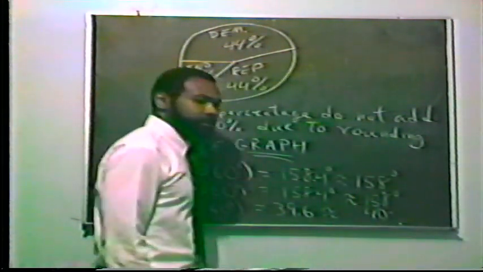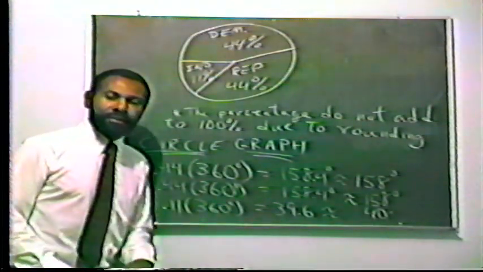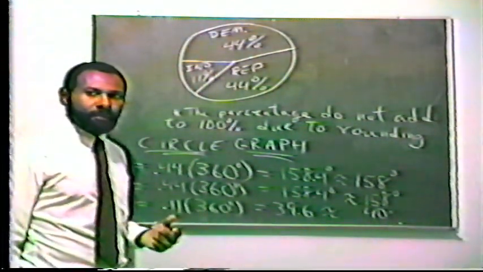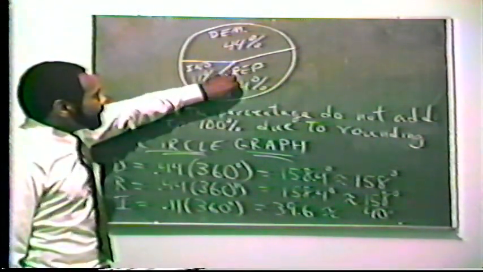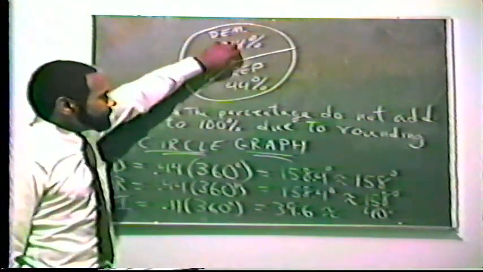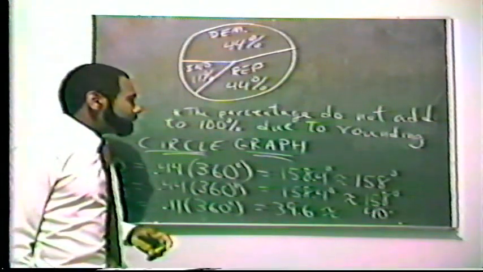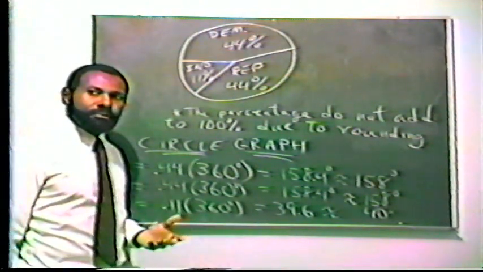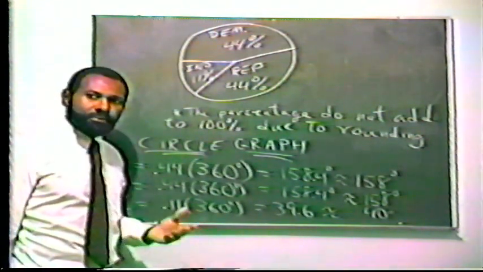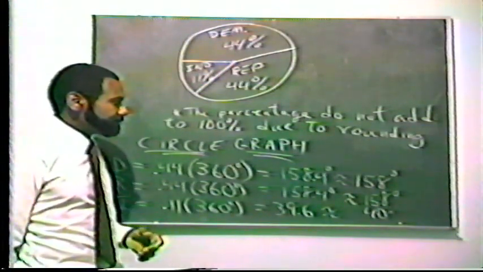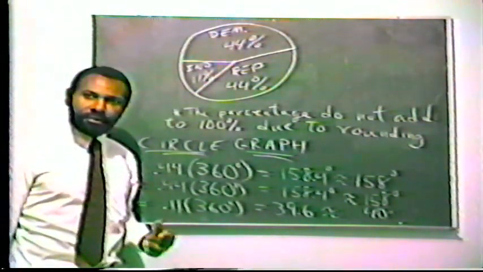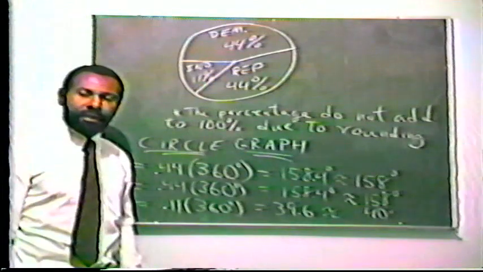You're letting the people who look at your research study know why these percentages do not add up to 100%. It's because we had to round these percents off so that they would be much easier to remember, much easier to understand. So this concludes our discussion of the circle graph.